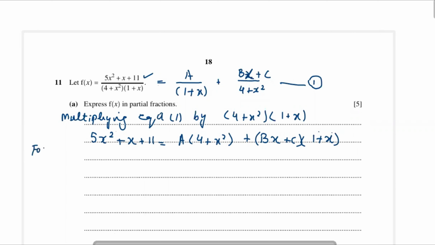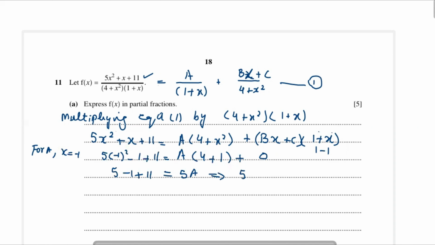Now for A, we substitute the value x equal to minus 1 in this equation. We get 5 into minus 1 square minus 1 plus 11 equal to A into (4 plus minus 1 square), that becomes 5. And you see here 1 plus x becomes 0. Therefore 5A equals 5 minus 1 plus 11, so 5A will be equal to 15 and A will be equal to 3.